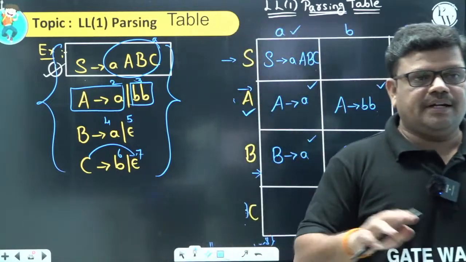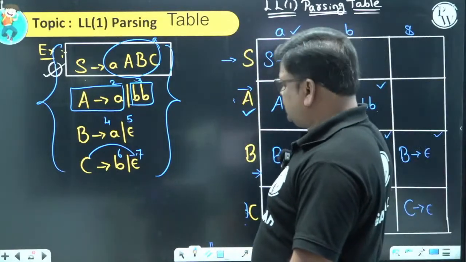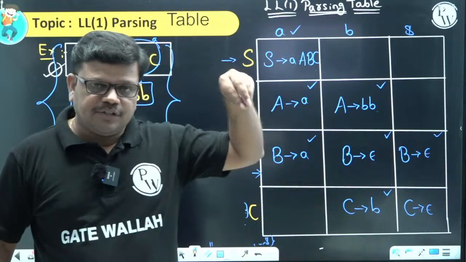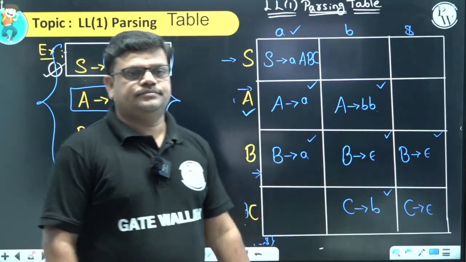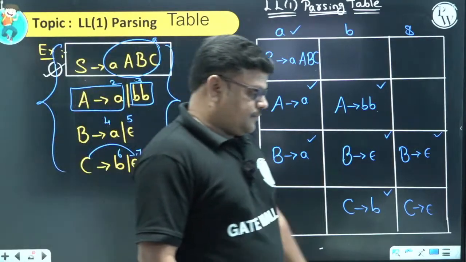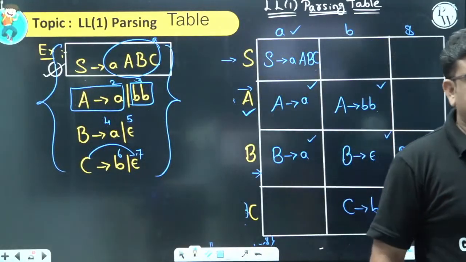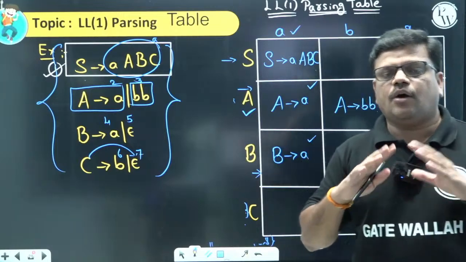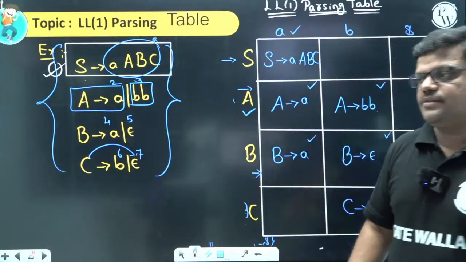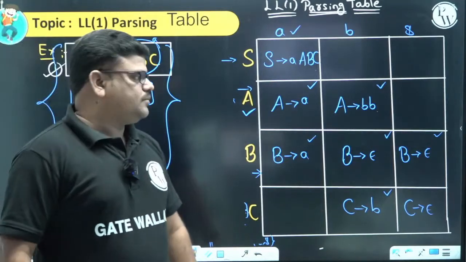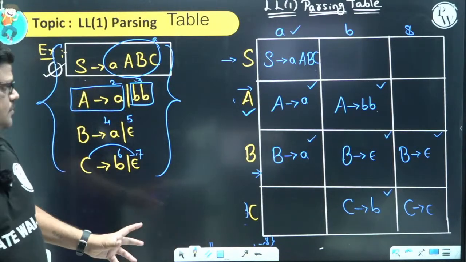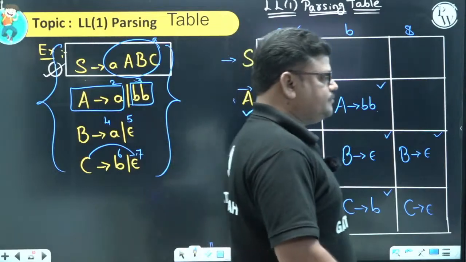So whenever we are running the algorithm, if we encounter any empty cell, that produces a syntax error. Okay. So this is the concept of construction of the LL1 parsing table. Any doubts in the construction part?